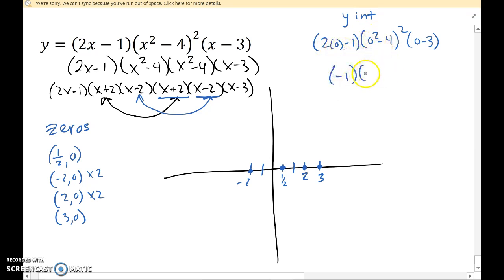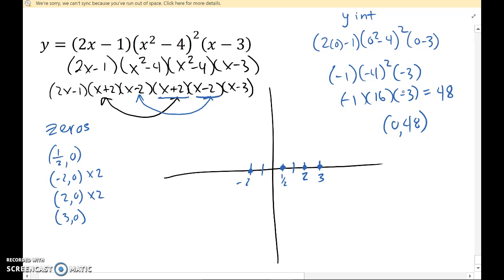And then 0 squared is 0, so we get negative 4 squared. And we get a negative 3. And so we get negative 1 times a positive 16 times a negative 3, which gives us a positive 48. So at 0, 48, we have a y-intercept. So up here at 48.